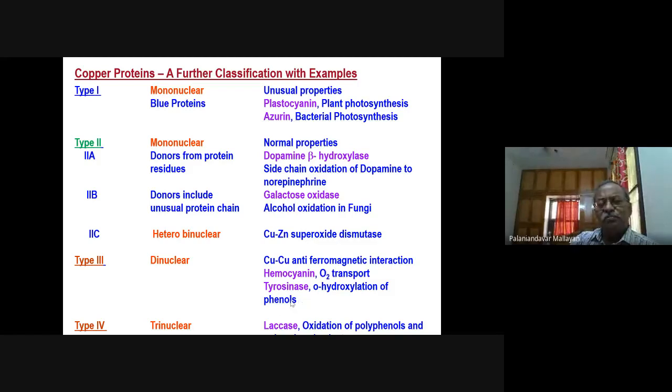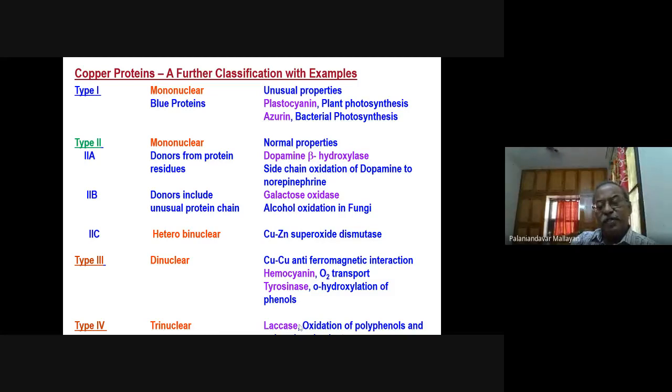Tyrosinase will have an ability to convert not only phenol but other substrates also. So type 4 proteins are trinuclear. This is what is seen in ascorbate oxidase. It's a good example, right?